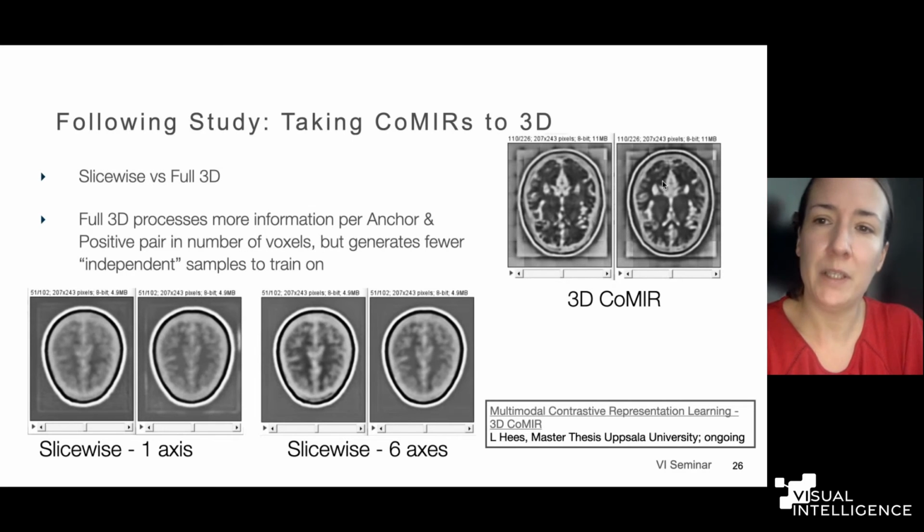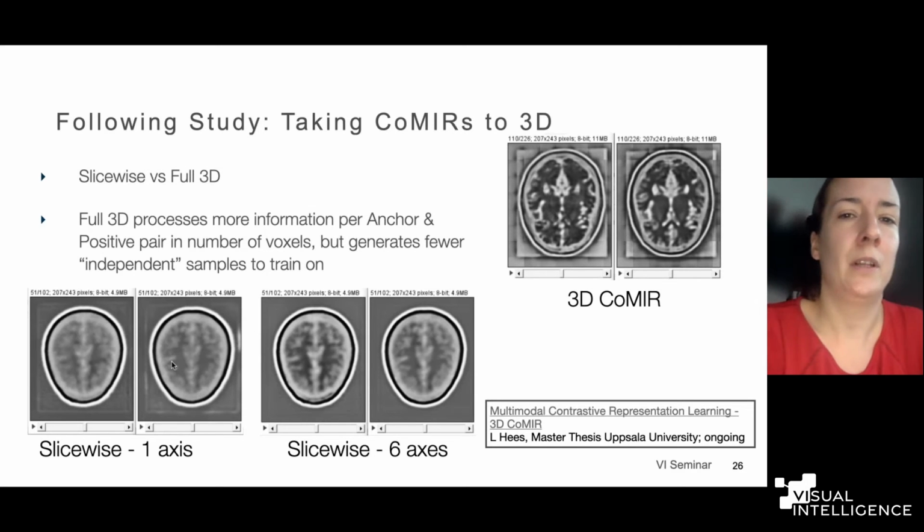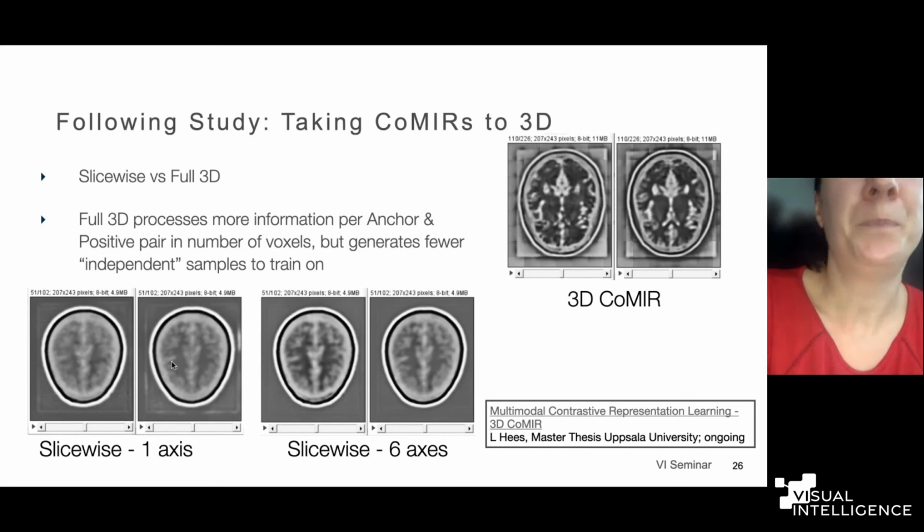But here you have an example of two of these Comirs for two MRI modalities. And they have more detail, but we have quite some issues with this upsampling, as you can see here. While here we have two versions of learning them slice-wise. And we are still evaluating the results that we have from that study.